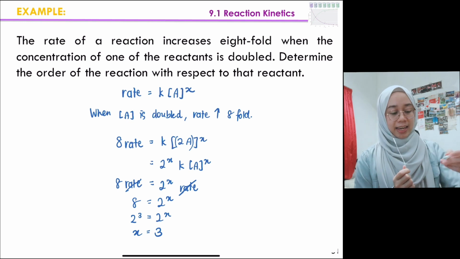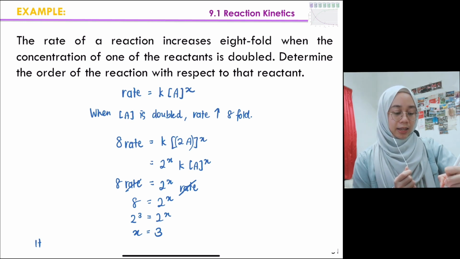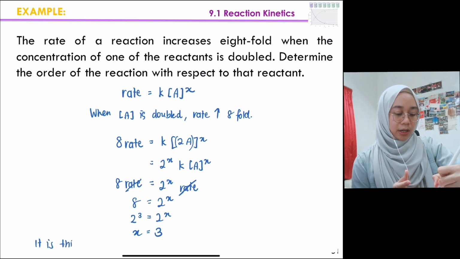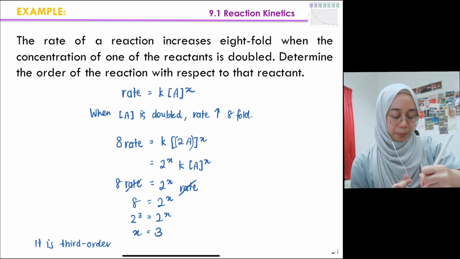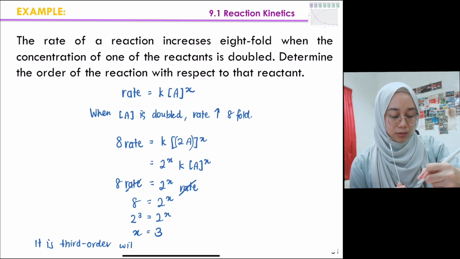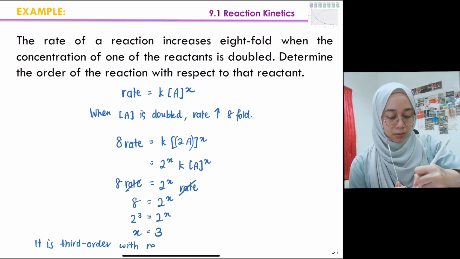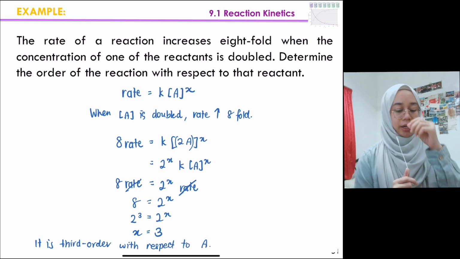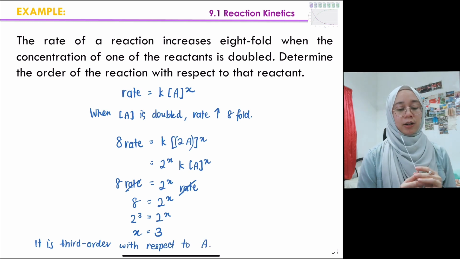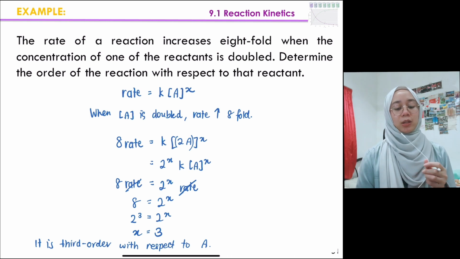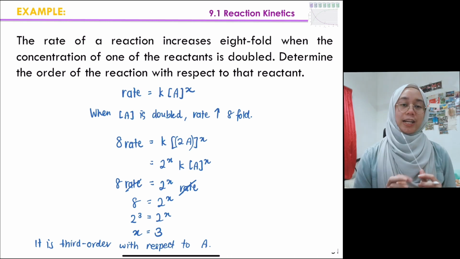Jadi, in this case, it is third order with respect to A. Okay, ataupun kalau kamu nak tulis the order of fraction with respect to A is 3 pun boleh juga.